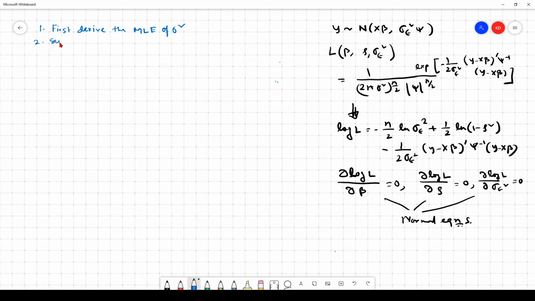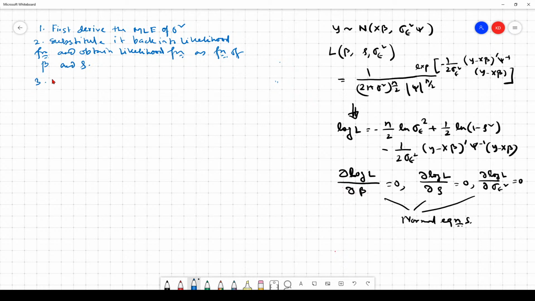Second, substitute it back into the likelihood function and obtain the likelihood function as a function of beta and rho.